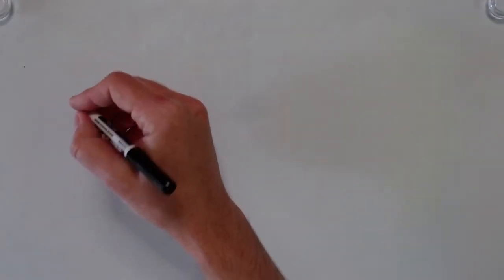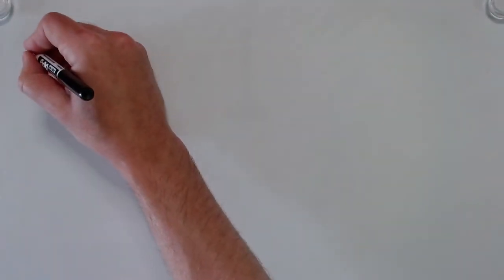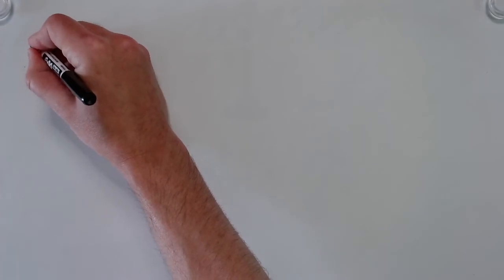Okay, I'm not sure how well this is going to fit, but we are going to do our absolute best. I'm going to try to write small, and hopefully it still shows up.